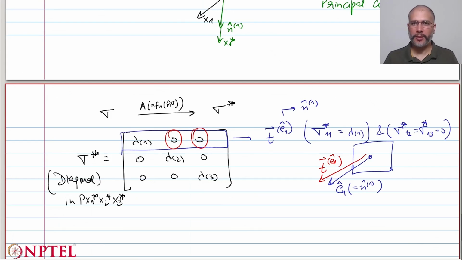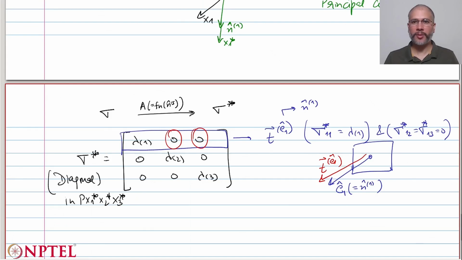So on this cutting plane, that is the n1 hat cutting plane, which is in the starred coordinate system, we do not have any shear stress. We have a purely normal stress situation because it's only sigma 1 1 star which is non-zero. And due to its mathematical nature, being a diagonal matrix, it is much easier to work in this starred coordinate system, mathematically speaking, than in any other coordinate system.